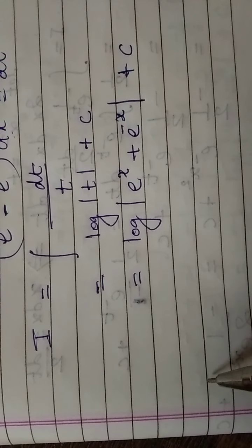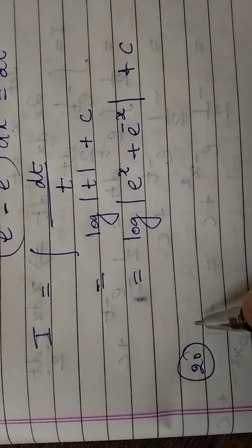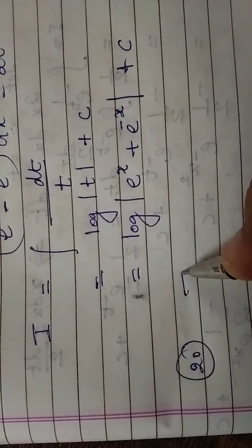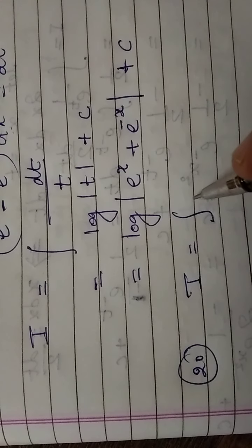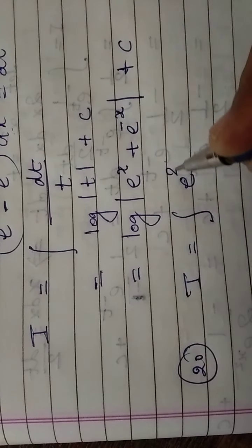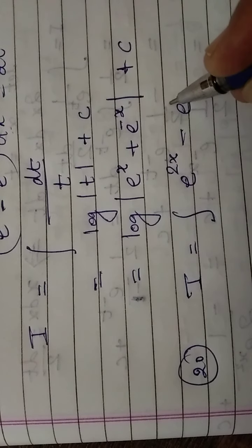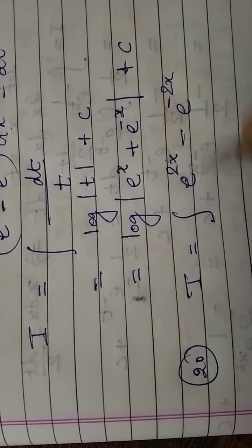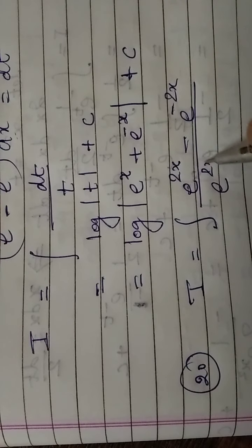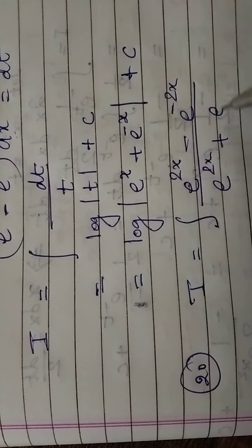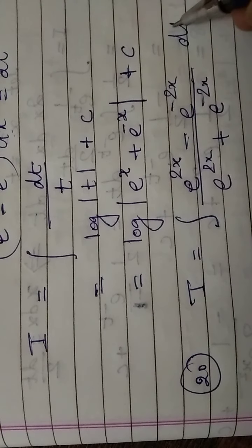So we move to the next question, that is question number 20, and that is I is equal to integral of (e raised to 2x minus e raised to minus 2x) upon (e raised to 2x plus e raised to minus 2x) dx.